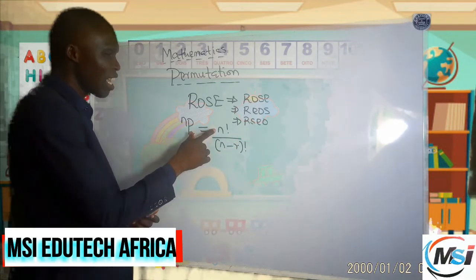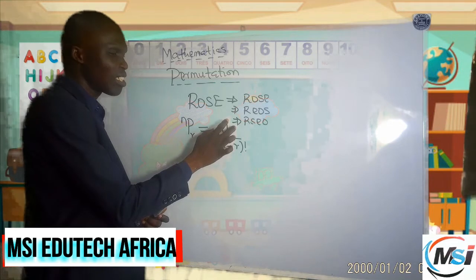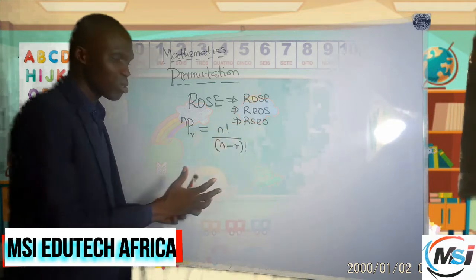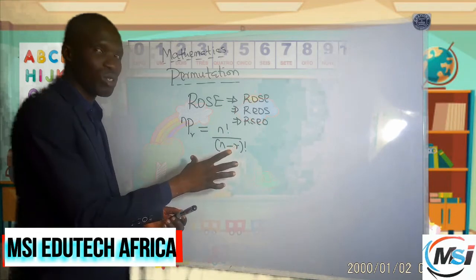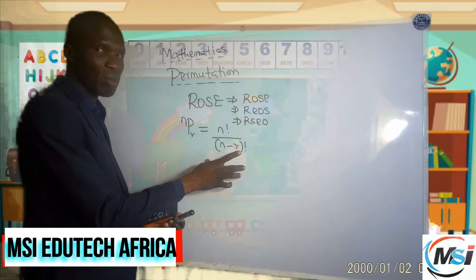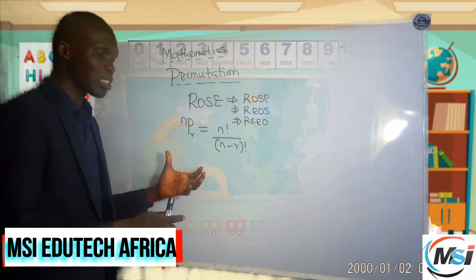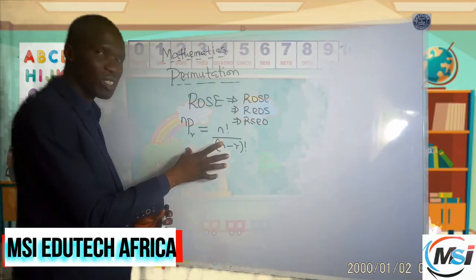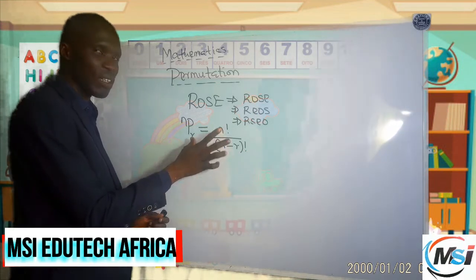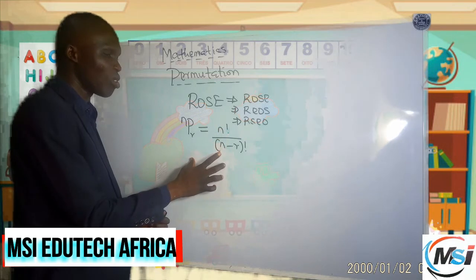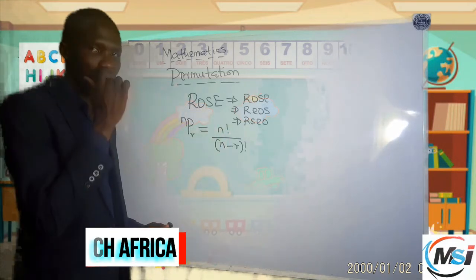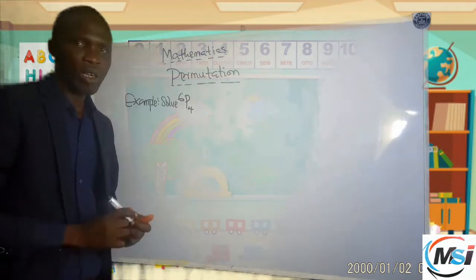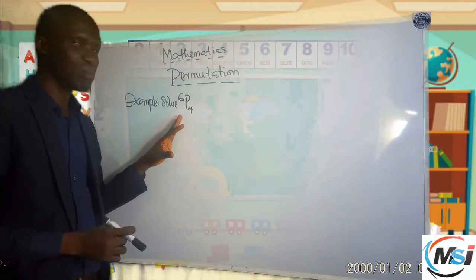Now, this n is the number of objects. I'm going to show you questions related to this, how to use this formula to solve questions on permutation. But you need to understand this formula first. If you understand this formula, you can solve any question on permutation, and I'm going to give you an example on that.